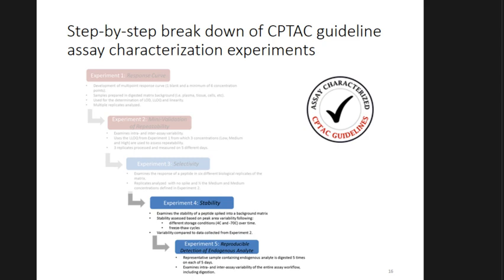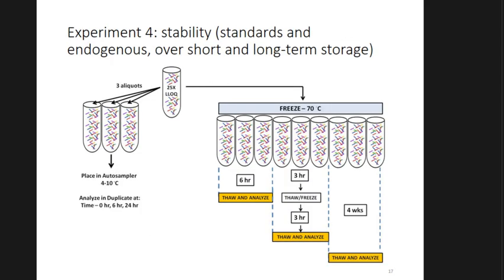Experiment 4 gets more into depth into stability. So this is, I don't want to say it's the easiest experiment to do, but is, I think, the least work intensive to do.